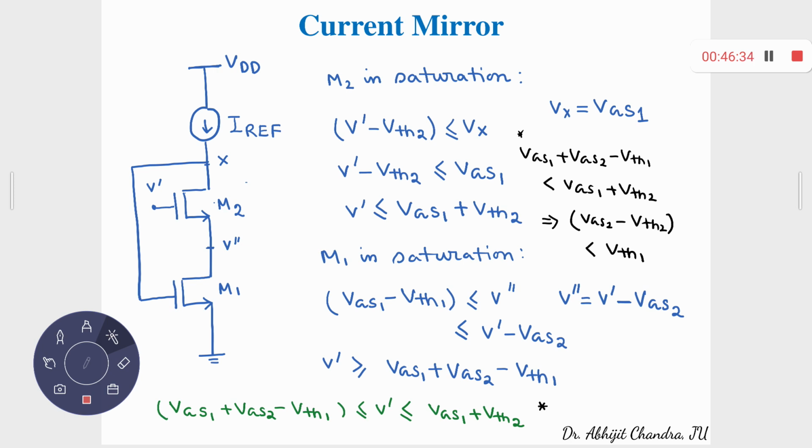You can have a feasible value for V dash only if this value is less than this value. The condition is that VGS1 plus VGS2 minus VTH1 should be less than VGS1 plus VTH2. So VGS1 gets cancelled and ultimately VGS2 minus VTH2 should be less than the threshold voltage. Therefore the overdrive for this MOS should be less than one threshold.